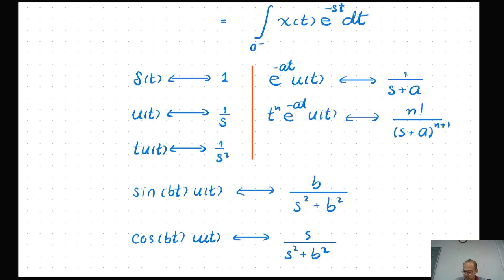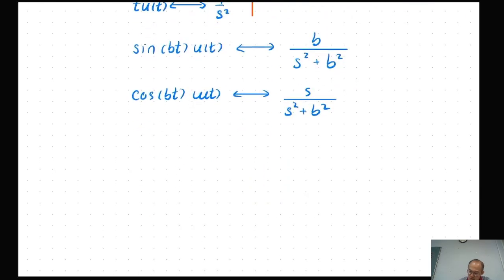All right, so if we do the frequency shifting over the sinusoidal, we see that we're gonna get e to the negative at cosine of bt u(t). This will have the Laplace transform of here.